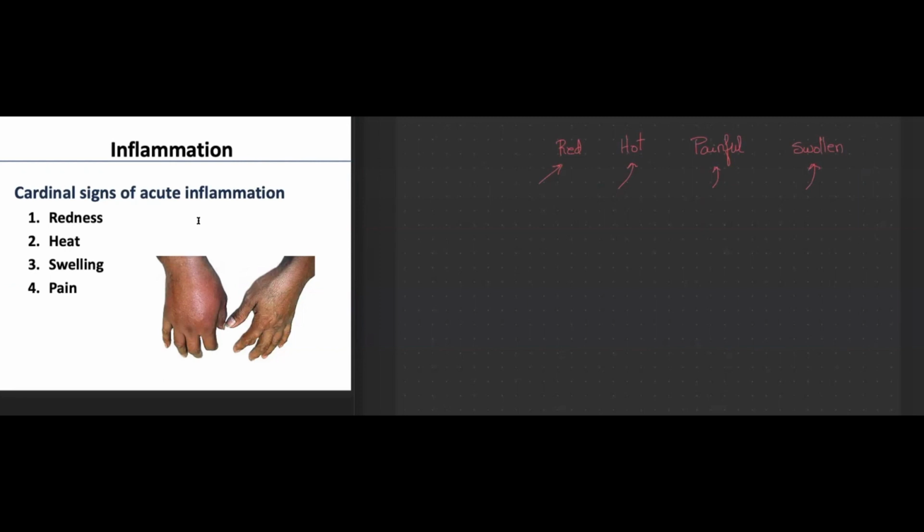What causes all this? Again, inflammation in one word is vasodilation. You dilate the vessel, bringing in more blood at the inflamed site. And bringing more blood will do what? It will cause redness.